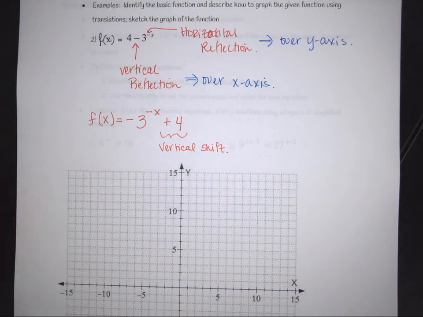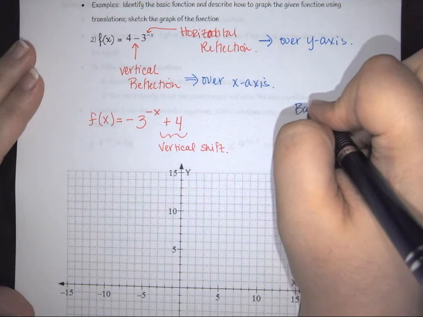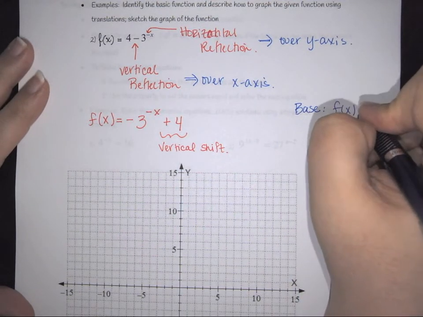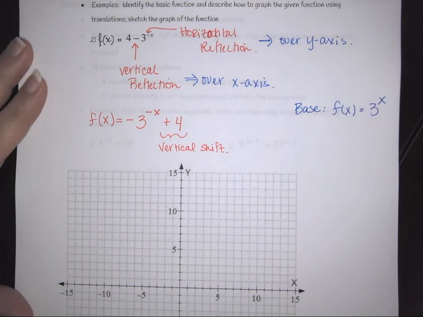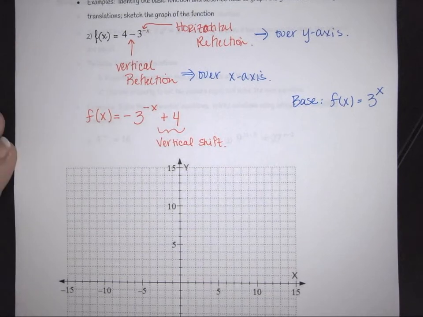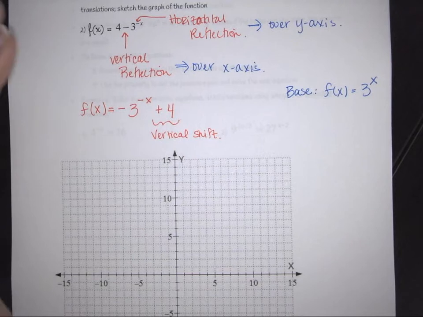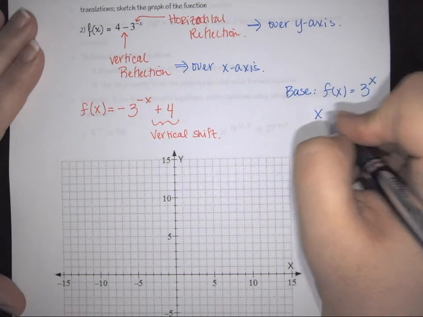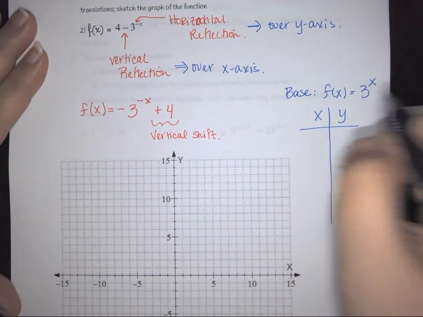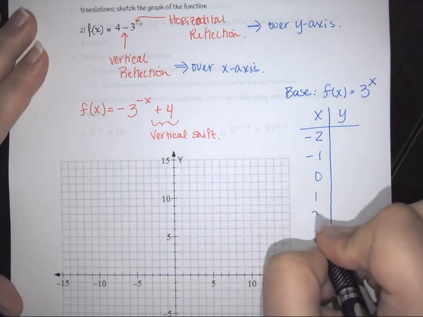So the first thing that I would do is identify what your base function is. Well, my base function is going to be f of x is 3 to the x. So I would go ahead and graph that so that I can see what's going on with it. So the first thing I would do is make myself a small xy table. And I would choose -2, -1, 0, 1, and 2.